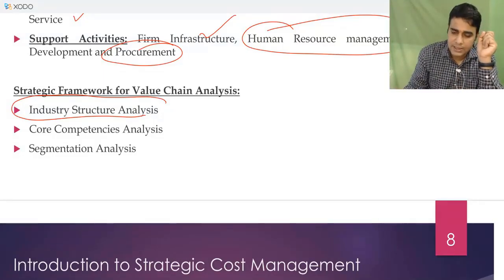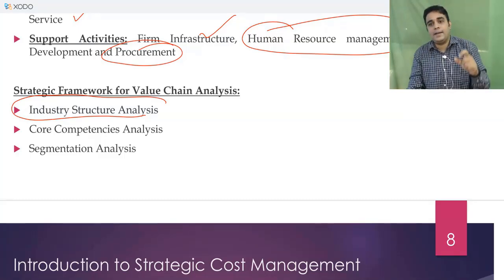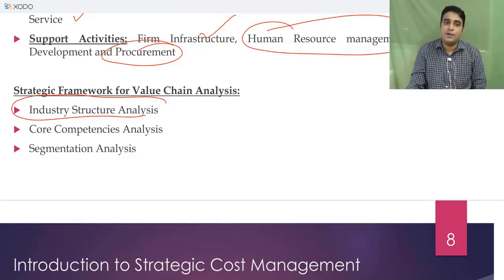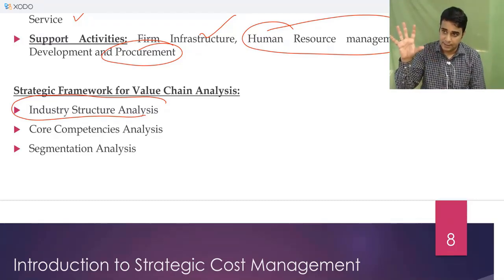Now, what segmentation analysis is: every industry in which you operate can be split into multiple sub-segments. Based on these sub-segments, you can decide what you want to do in that industry. For example, the automobile industry is a very big industry.